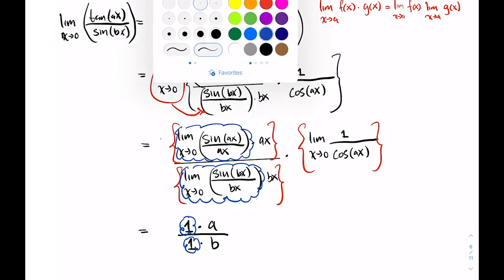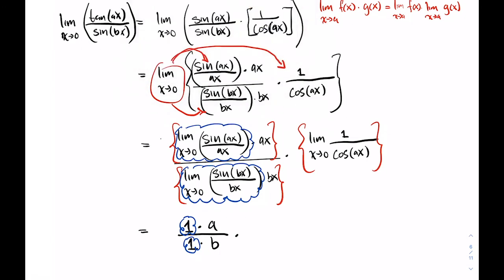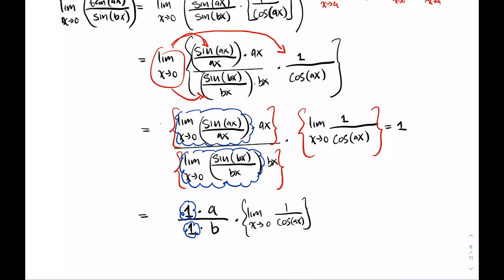Multiplying the limit as x approaches 0 of 1 over cosine of ax. But this limit is also equal to 1. The limit as x approaches 0 of the reciprocal of cos x is also 1.